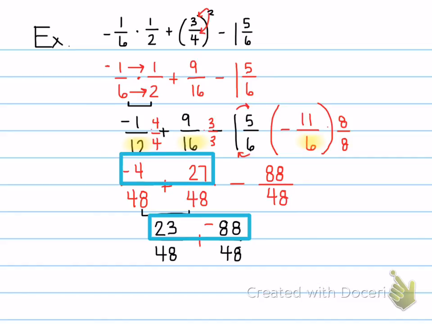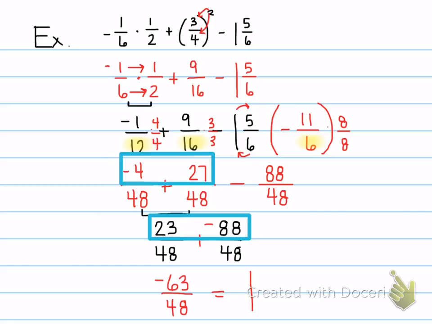23 plus negative 88, I'm adding numbers with different signs, so I'm going to subtract. I get 63, and it's negative because 88 is bigger, over 48. I know that 48 goes into 63 one time.